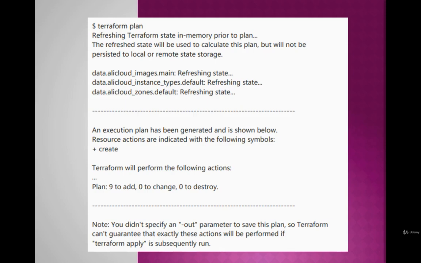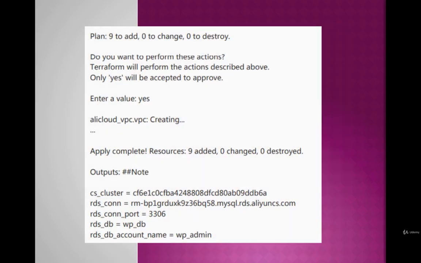After confirming the resources are created or updated as expected, run the terraform apply command to start the execution of the Terraform module. An execution plan has been generated as shown below.